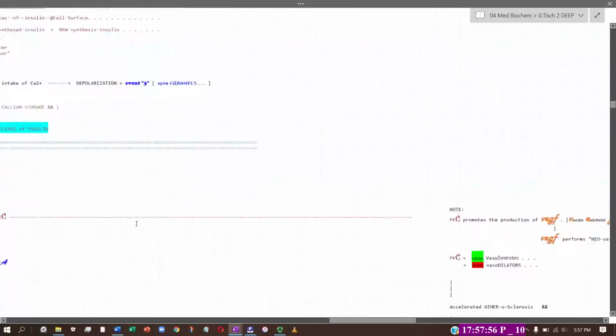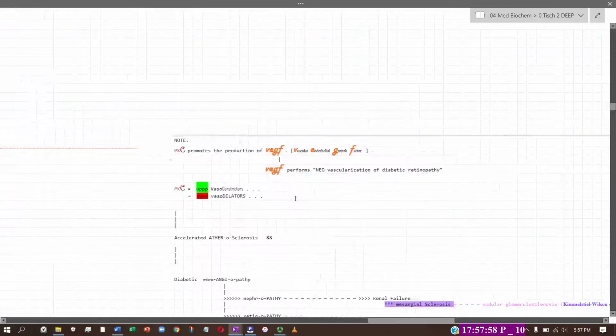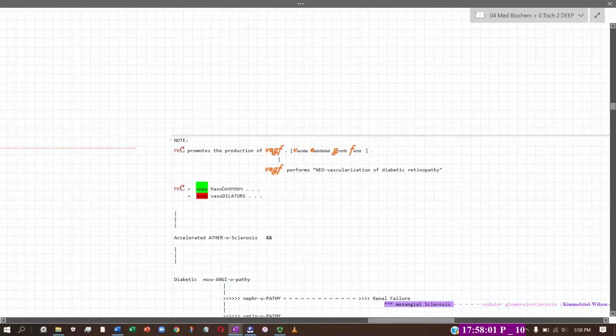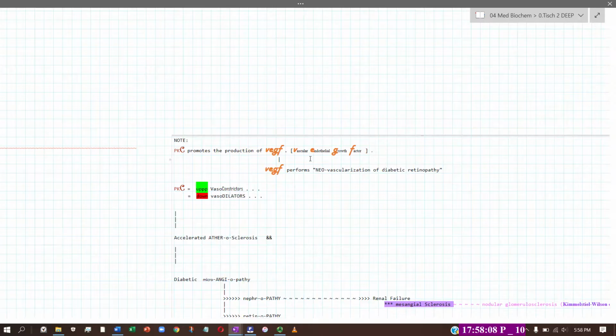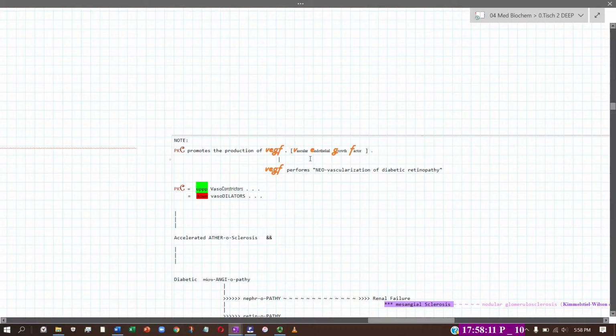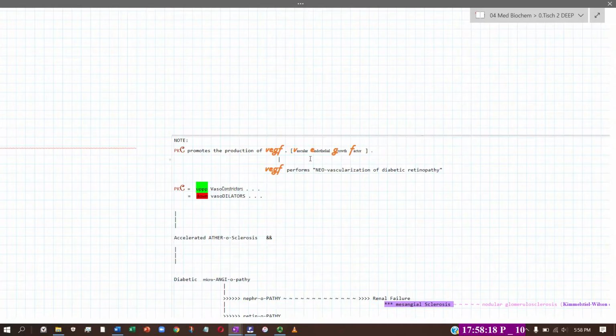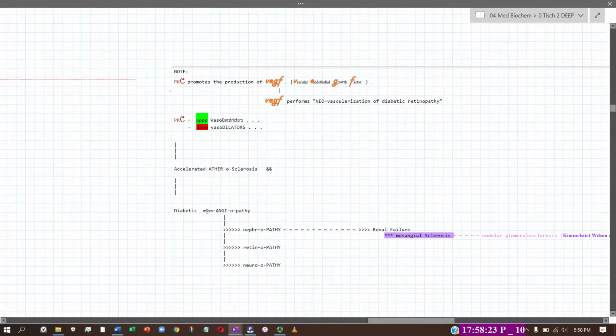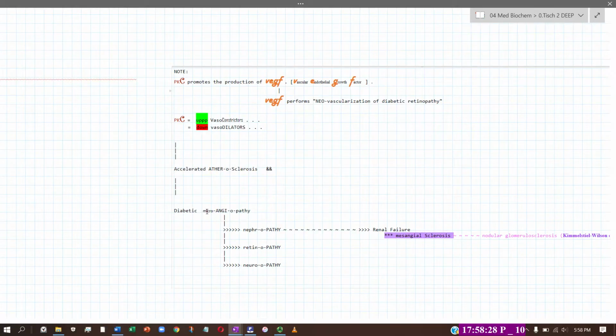So what's special about PKC? Well, PKC promotes the production of something called VEGF, vascular endothelial growth factor. And VEGF performs neovascularization of diabetic retinopathy. Cool. Moving on. PKC also increases vasoconstrictors and decreases vasodilators. And PKC is related to accelerated atherosclerosis.